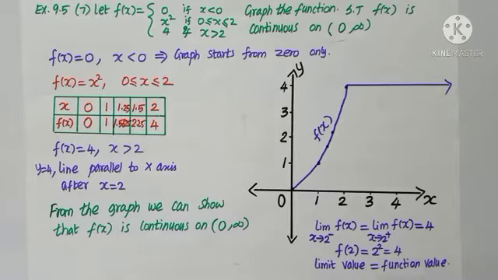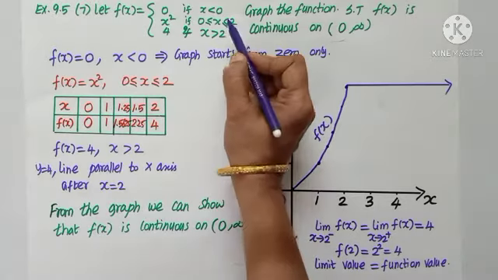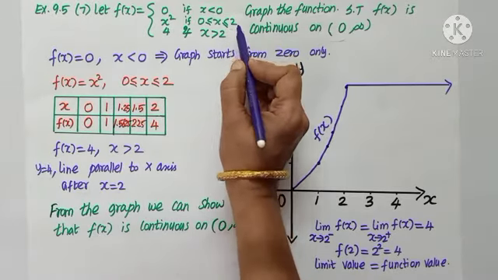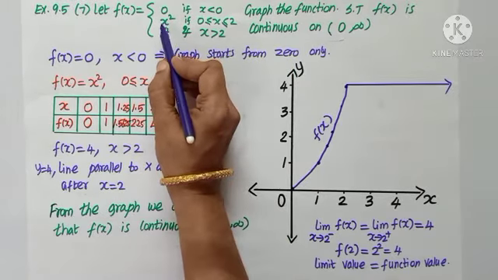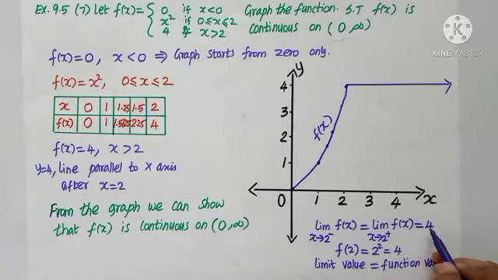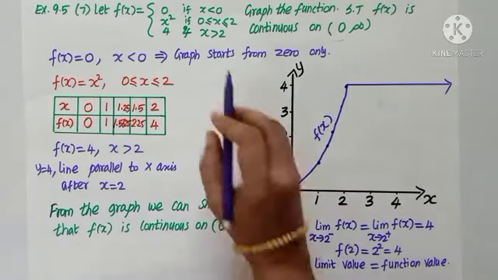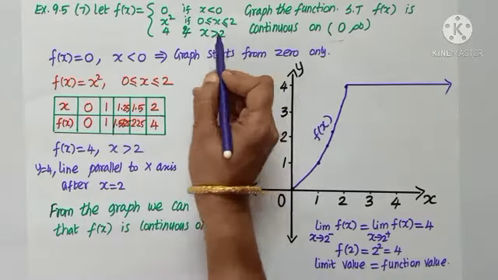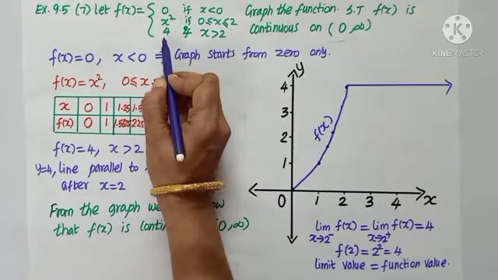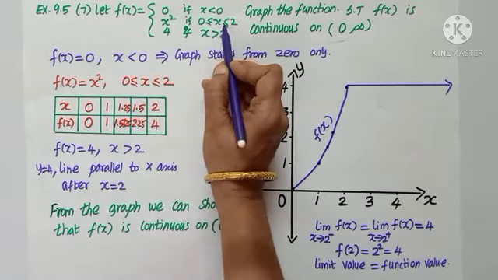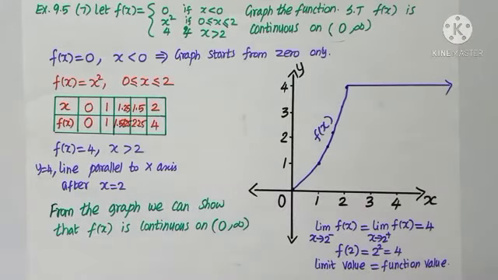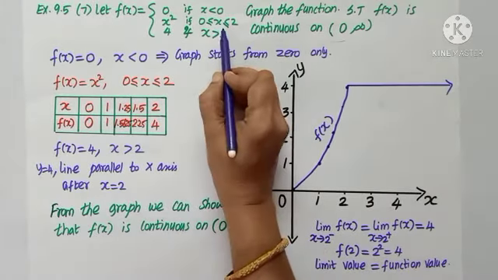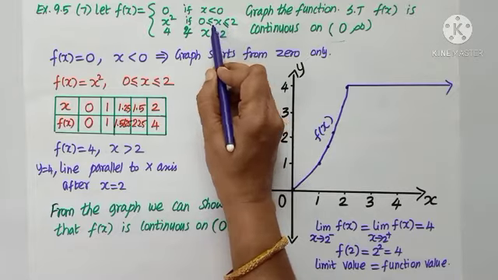Let us check the left limit and right limit at 2. When I say left limit, substitute here. So if I put 2 square, my answer is 4. If I put right limit after 2, I have to substitute here, which is already 4. So the left limit is 4, the right limit is 4, and the function value at x equal to 2 falls in this interval.